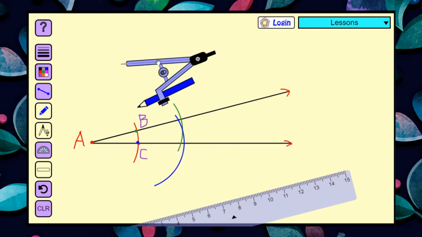So, kung makikita ninyo, there is an intersection between the two arcs.